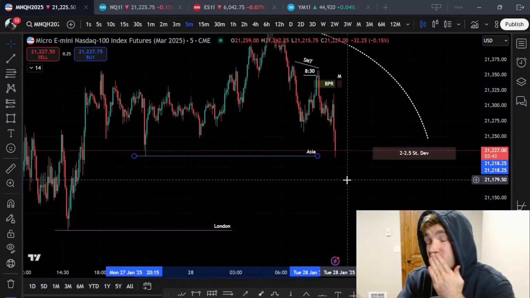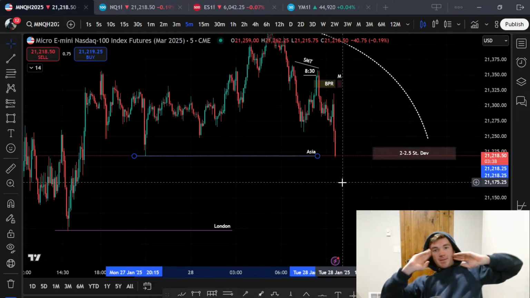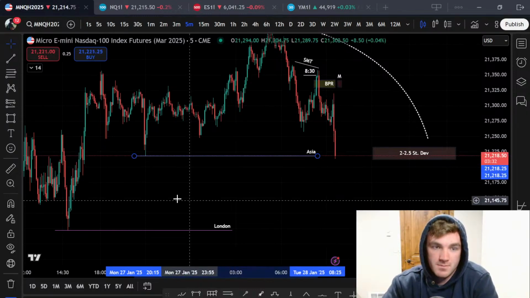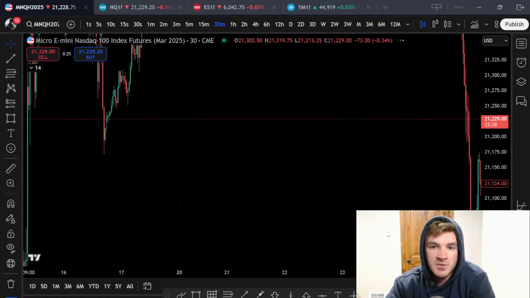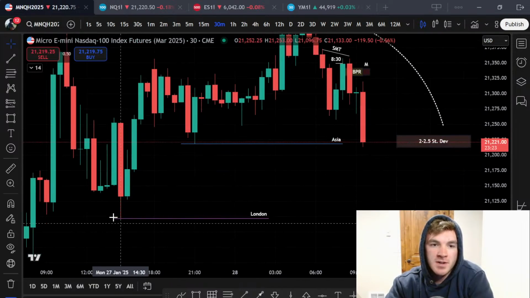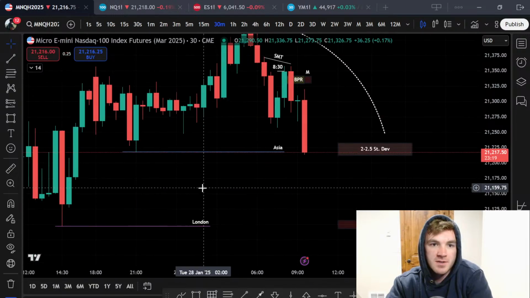News comes out at 10. Keep in mind, this was a giant accumulation range here. So when the market comes down here, there's going to be a lot of liquidity below this low, because this giant accumulation range is just chilling above London, right?